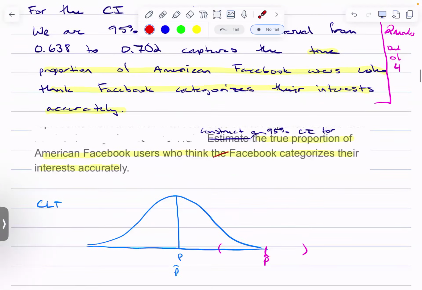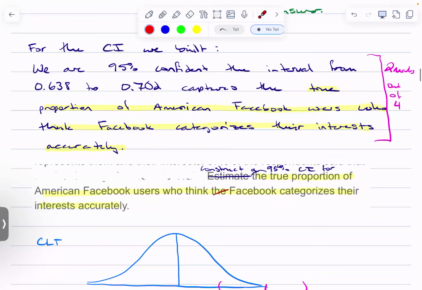When we're saying we're 95% confident that this interval captures, what's going on is our sample, my point estimate, most of the time captures it, but 5% of the time we don't capture the population proportion, and I don't know that about my sample.